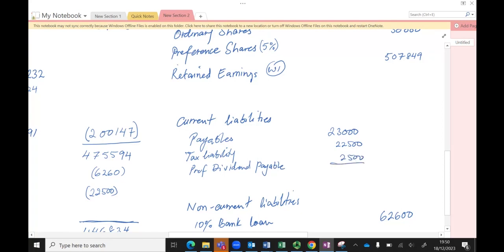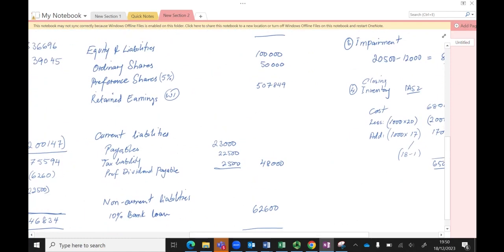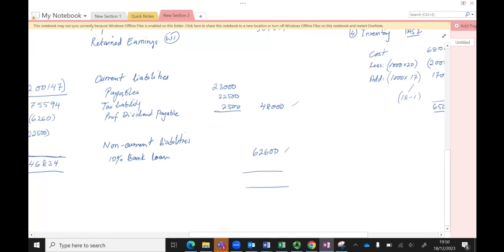Now adding these three together, the total is 48,000. Now adding the ordinary share capital, preference share, retained earnings, current liabilities, and non-current liabilities, the total is 768,449.